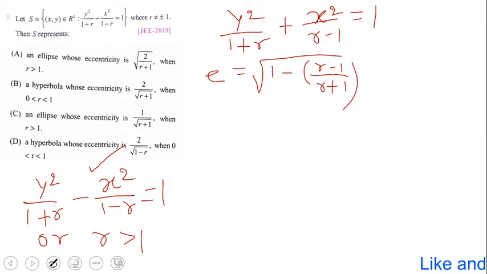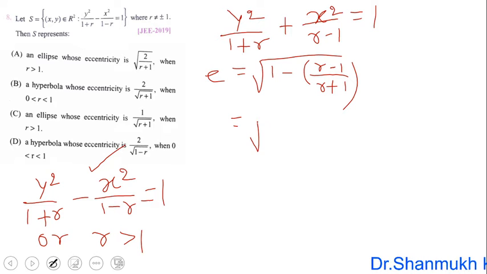In that, these values we have to substitute. Okay, so we get this relation, b square equal to a square inside a bracket e square minus 1. Then further we have to simplify it.